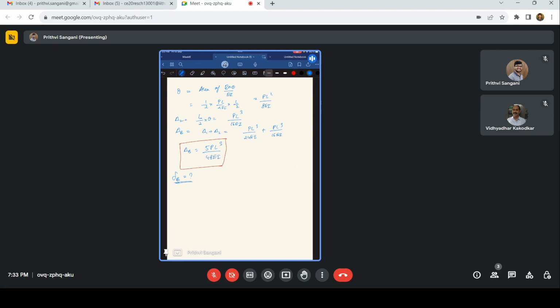This is the UDL cantilever beam, A and B. Now this is delta B, and this is theta B. First, let me find out delta B. What is delta B?